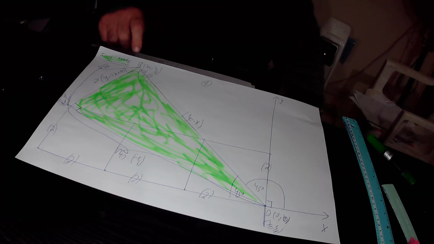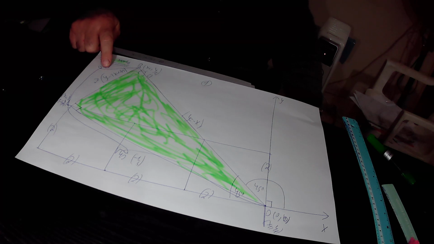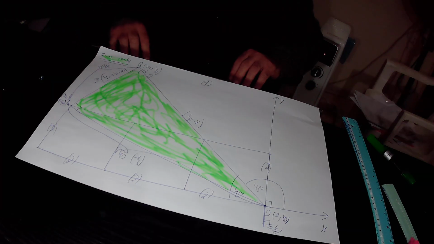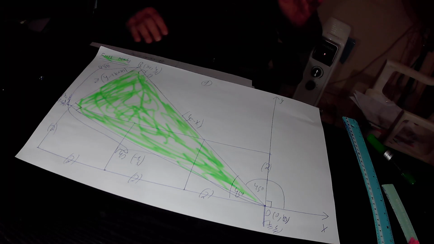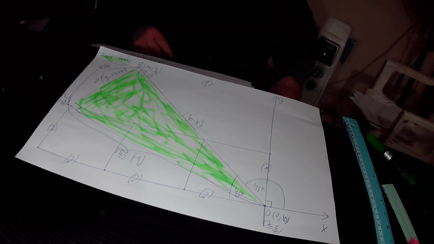So point B is located on this straight line AB, therefore it must satisfy this equation. But before that, we have to find out the equation of the straight line AB.